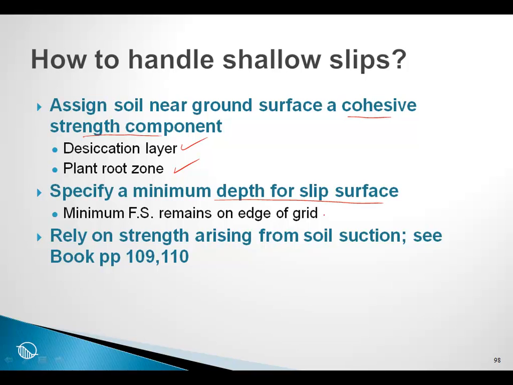The downside of this is that the critical slip surface still is on the edge of the grid, even though you have forced the slip surface to be at some depth. By doing this, we are indirectly saying that there is some strength near the ground surface, but rather than including it physically, we would just simply arbitrarily keep the slip surface at some depth.